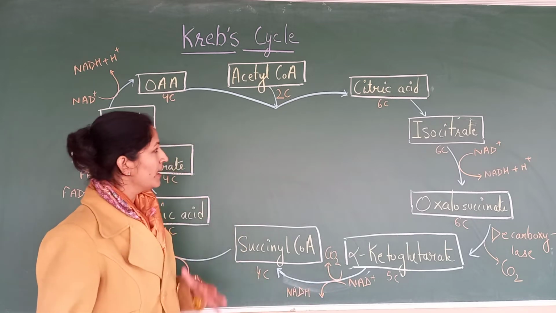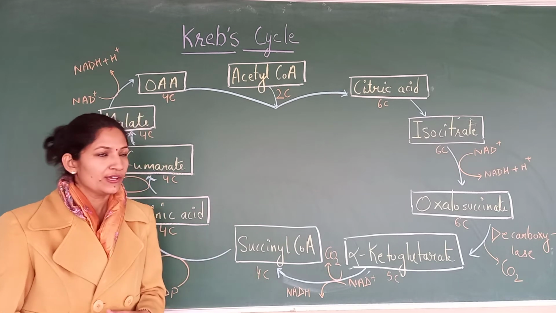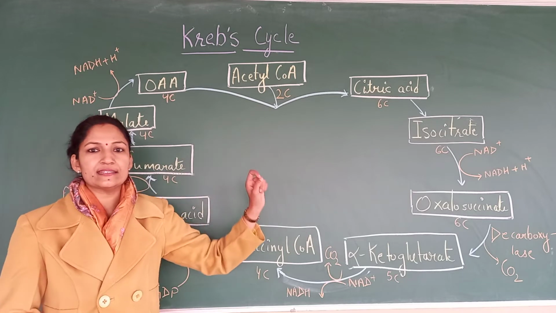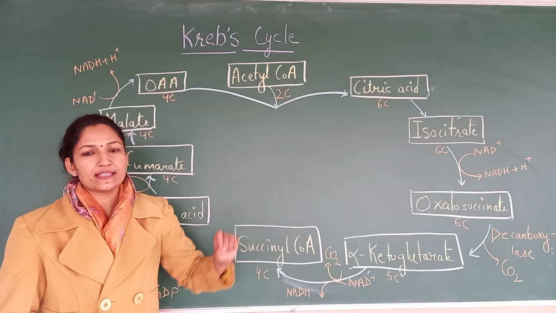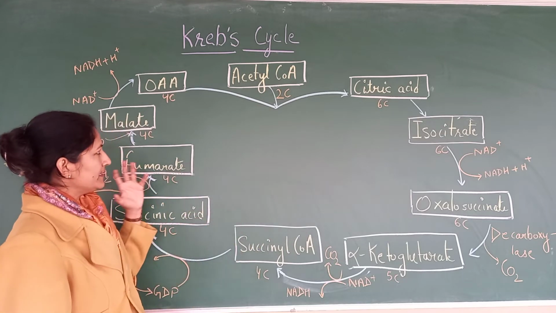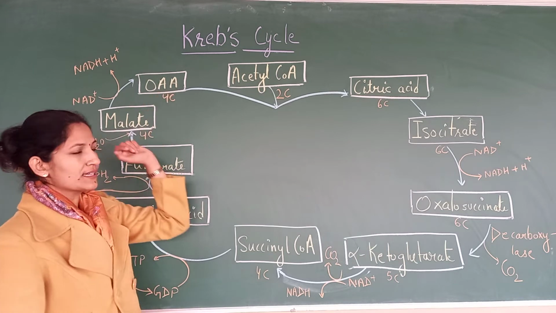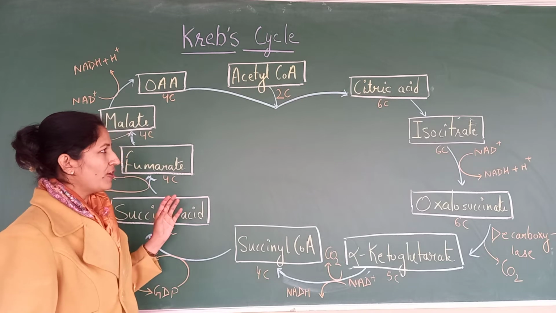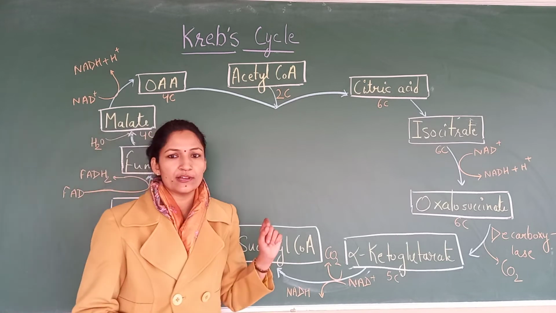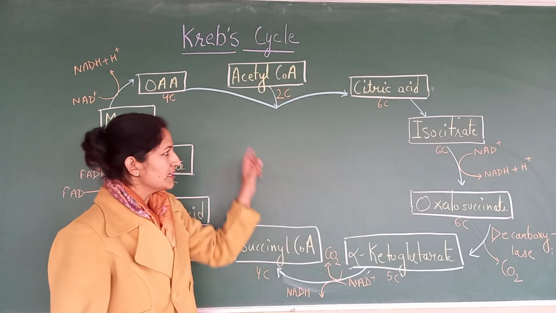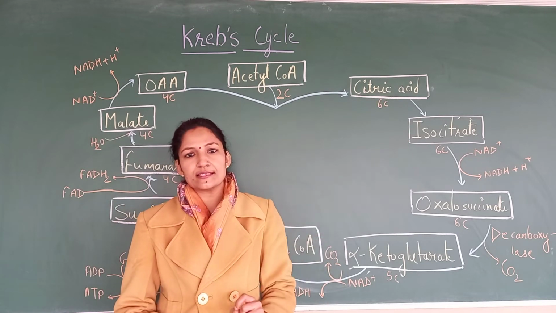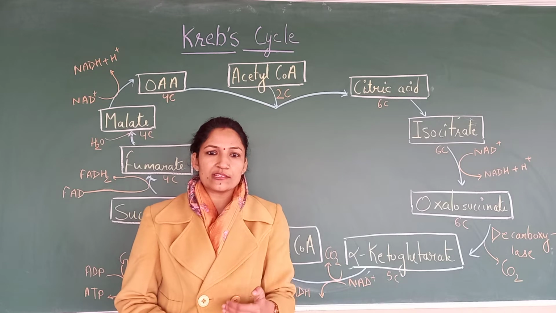The very first, after the link reaction, we have this 2 carbon containing molecule, acetyl-CoA. This acetyl-CoA gets condensed with oxaloacetic acid, which is a 4 carbon containing molecule, to form the first stable product, citric acid. This citric acid is a 6 carbon containing molecule and contains 3 carboxyl groups.